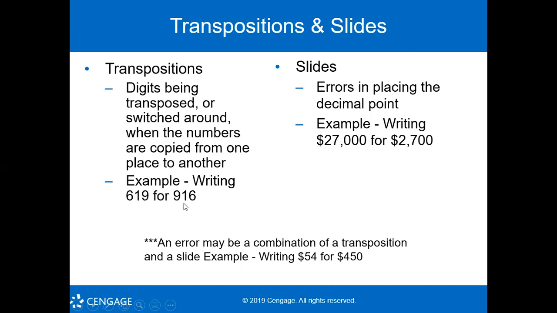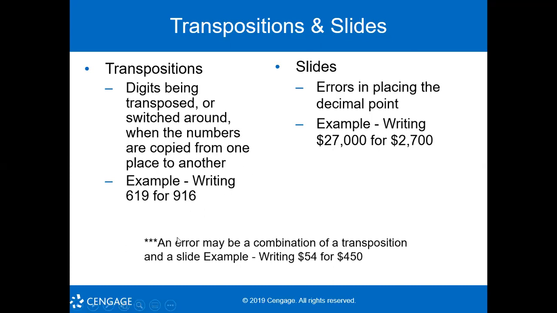So we transposed the 6 and the 9. A slide error is when there's an error in where the decimal point should have been. So for example, we wrote 27,000, but it should only have been 2,700. So we added an extra zero to it. So that decimal place is in the wrong place.